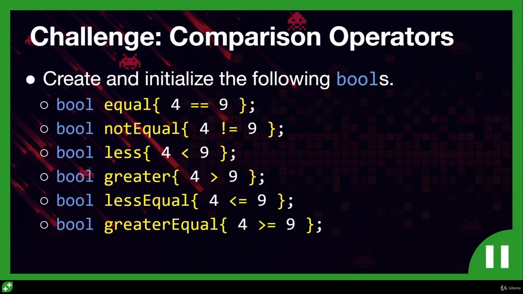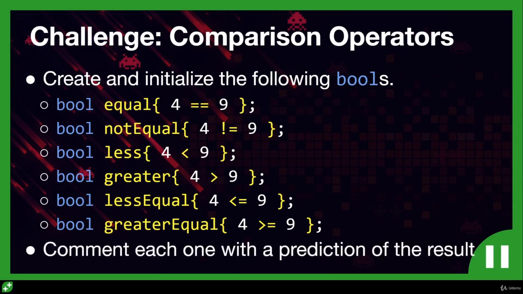Now, once you've made your variables, I want you to add comments just above each one with the word true or false. Try to predict the value that each bool will have after being initialized with the result of each comparison. For example, if you think the first variable called equal will be true, comment true just above it. Pause the video and get these variables made and make those comments with your prediction of the values that you think these booleans will have.